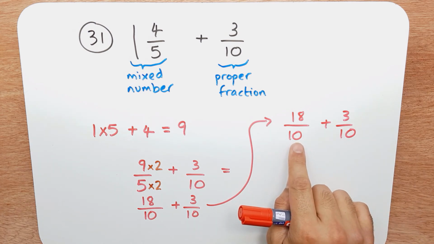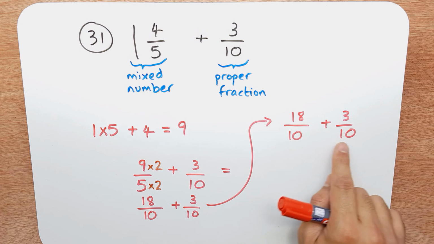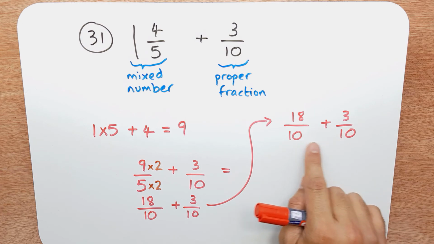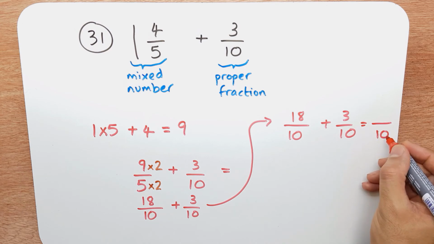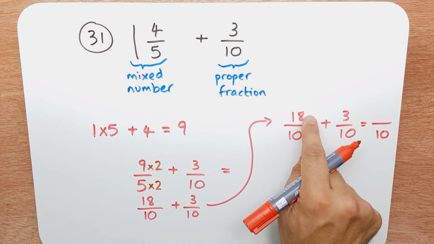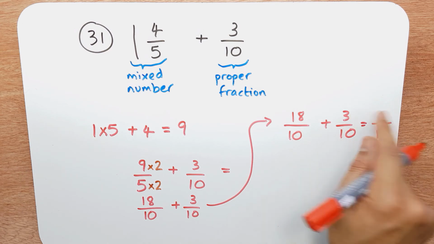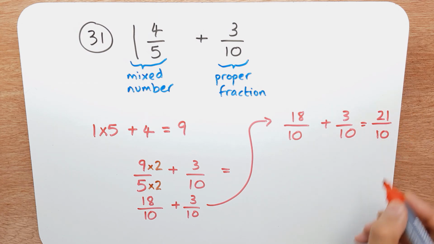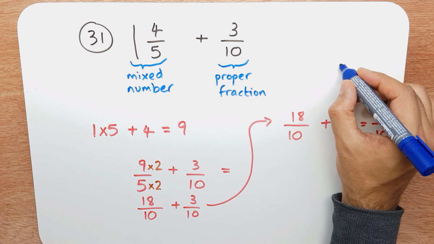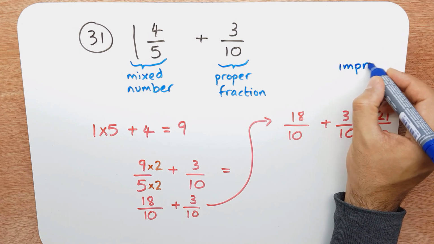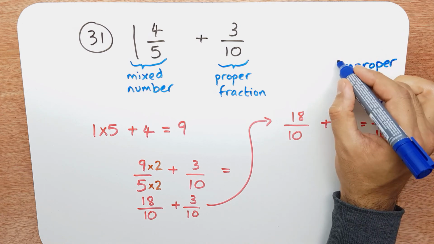So now it's easy because these two bottom numbers, the denominators, are the same. So all you do is write the denominator and simply add 18, add 3, which is 21. Now if you notice here, this is also an improper fraction.